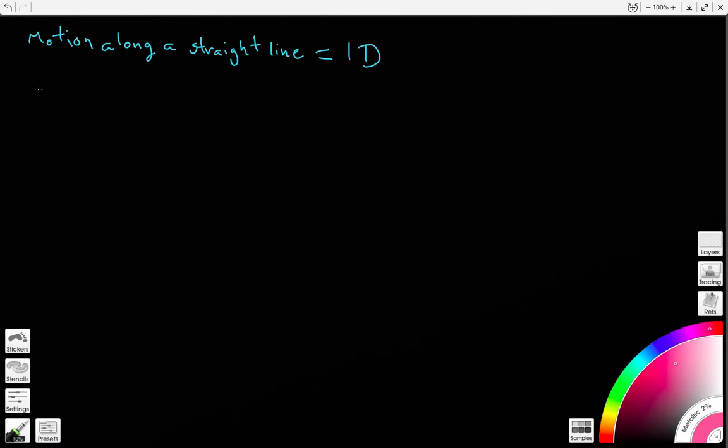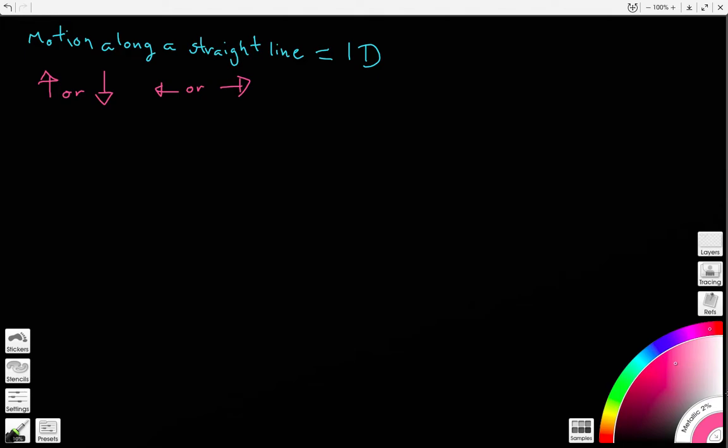Well, there's an infinite number of directions, but we'll basically just be talking about two directions. We can either go up or down, or we can either go left or right.